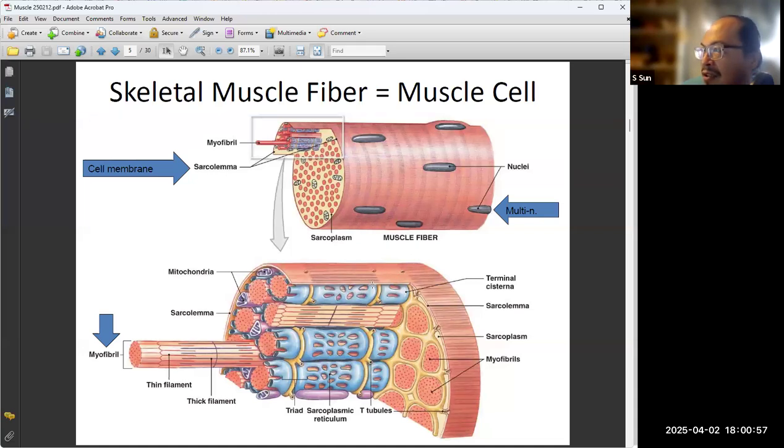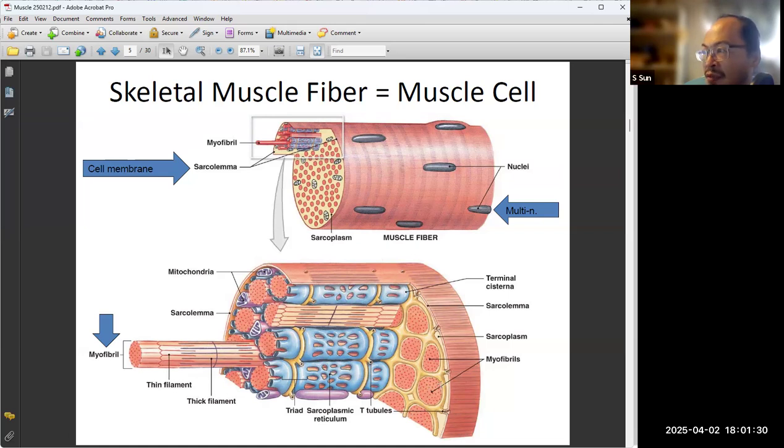You can see this tunnel coming in, and it can go into the muscle cell. T refers to transverse, so it cuts through each muscle cell. This T-tubule will in a way separate the filaments into each myofibril.